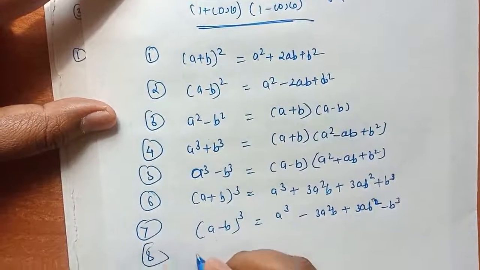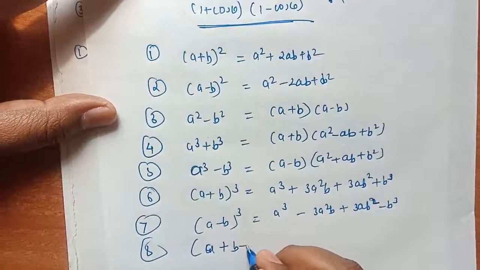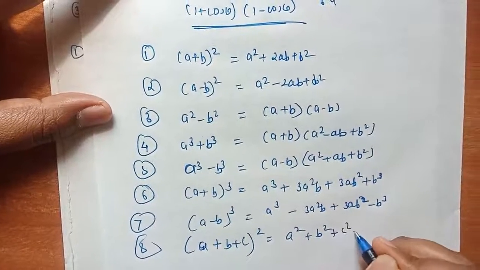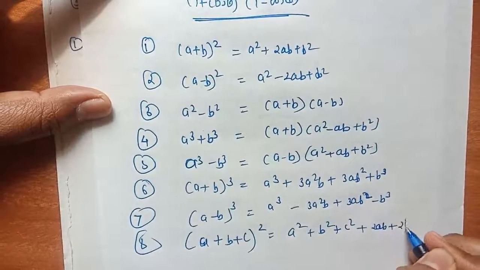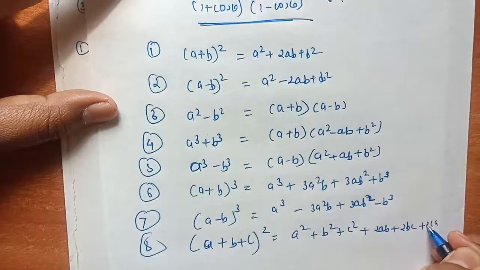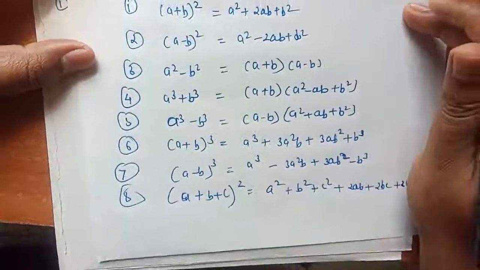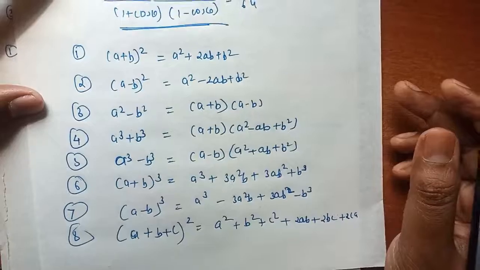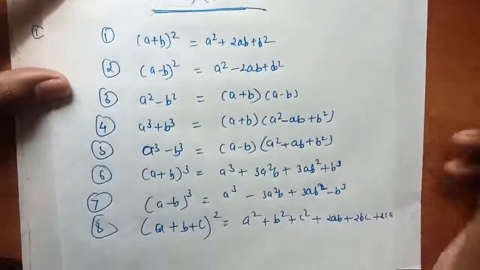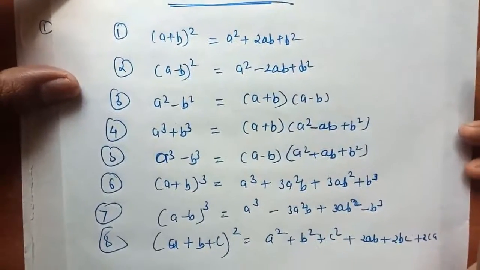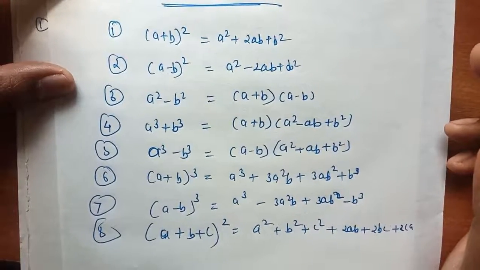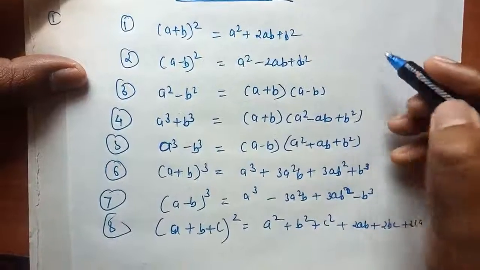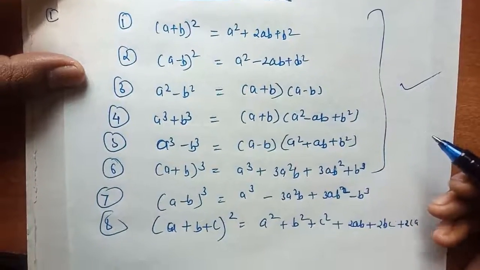And the last one: a plus b plus c bracket square is equal to a square plus b square plus c square plus 2ab plus 2bc plus 2ca. These are very general identities. From the 8th standard we have been studying these, but since this year you are writing the board exams, you should know these identities very thoroughly.